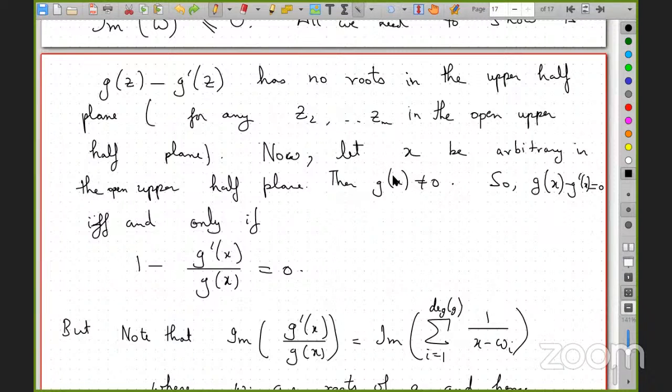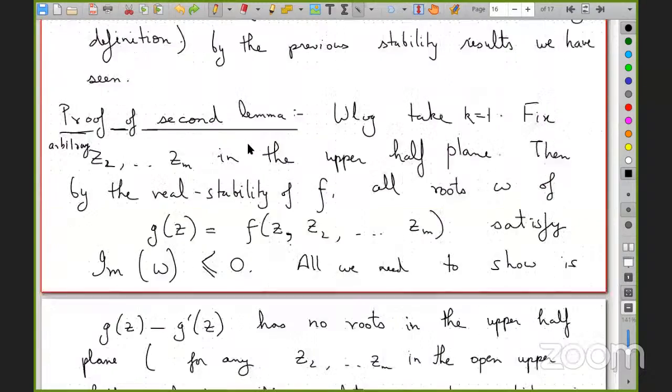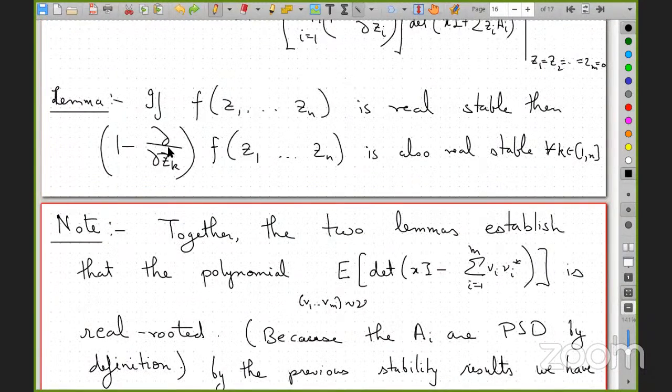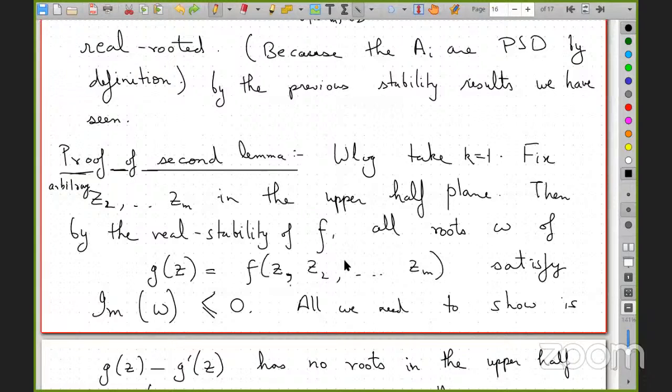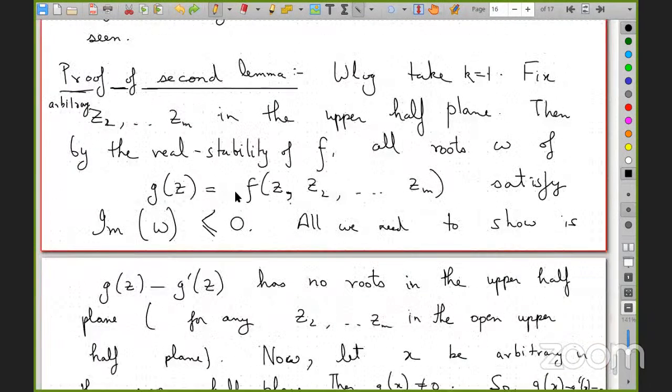So let's just go over this once. We have this f, and we are looking at 1 minus the derivative with respect to the first coordinate of f. Suppose that it is not real stable, then there must be some z1, z2, and so on to zm in the upper half plane where it vanishes.